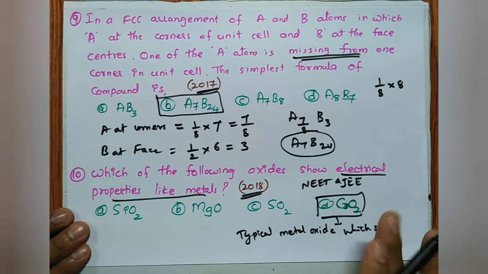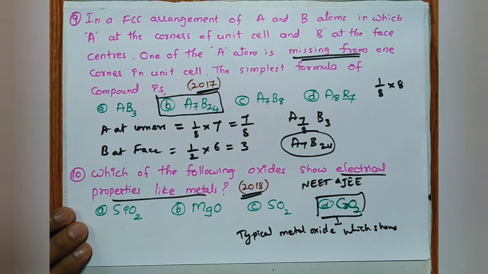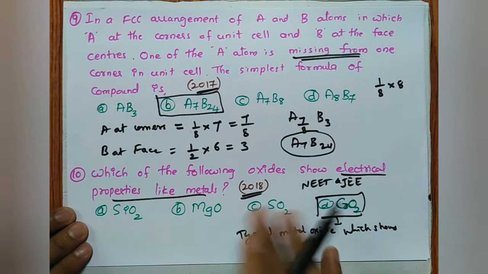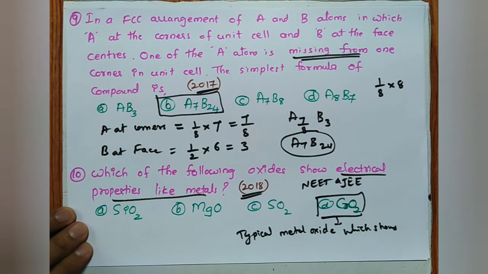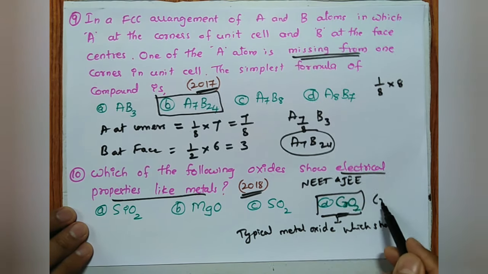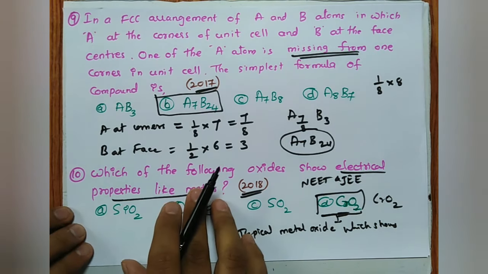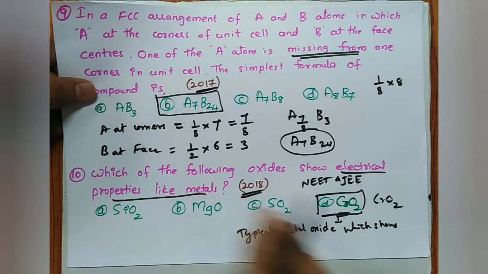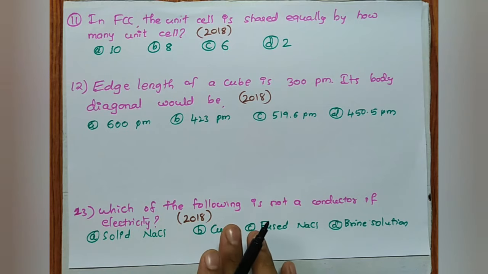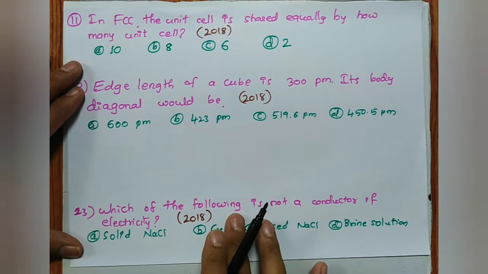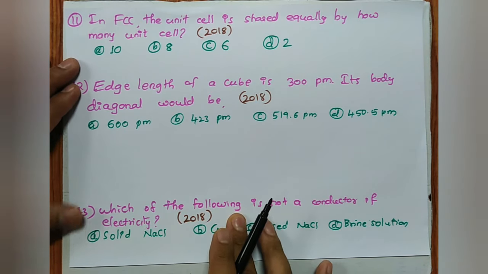This is not a metal, it is a metallic oxide, but typically it shows electrical property like metal. So very, very important. Remember this example, CrO2. So this is the 10th question. So answer is D.